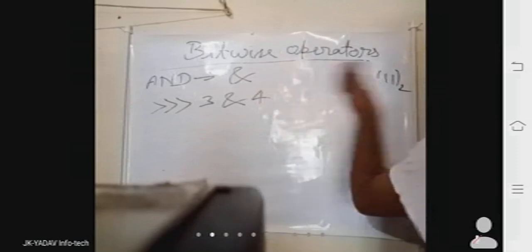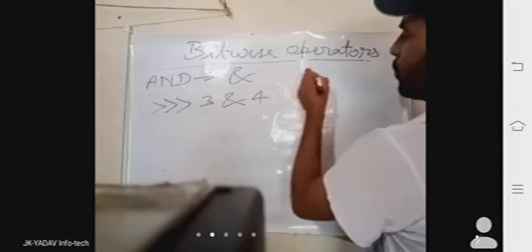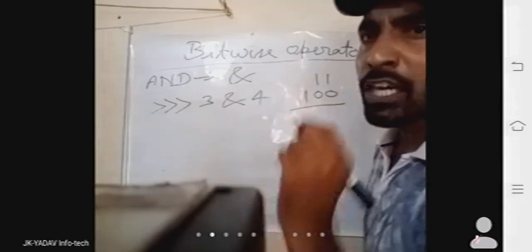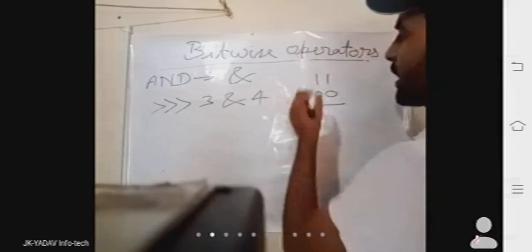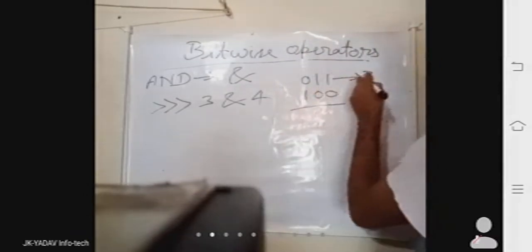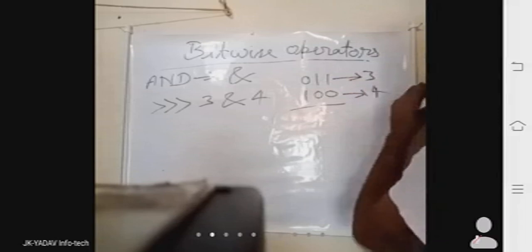What is the binary of 3? 1 1, and the binary of 4 is 100. With the help of the AND operator, if you compare, here there is no number, so here you can write 0. This is the binary of 3, and this is the binary of 4.